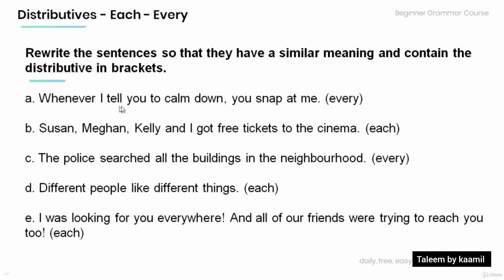A. Whenever I tell you to calm down, you snap at me. B. Susan, Megan, Kelly, and I got free tickets to the cinema.